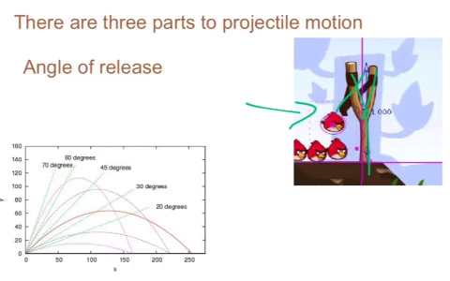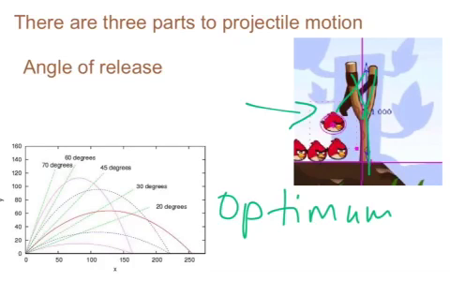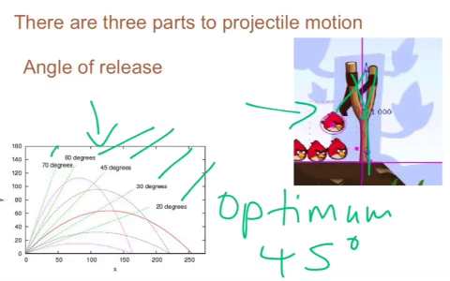For this example and for shot put, the optimum angle of release is 45 degrees. If you have a look over here, it works out a whole range of different types. We've got 45, 60, 70 degrees, and you can see for 20 degrees it travels more horizontally than vertically, therefore if gravity is impacting on that, this is not going to travel as far.